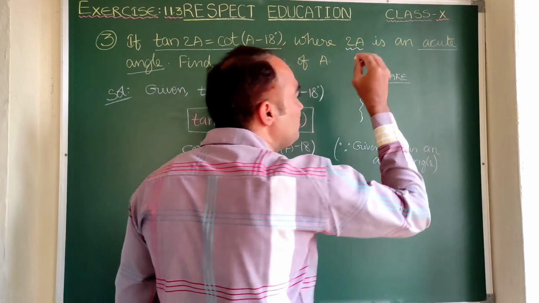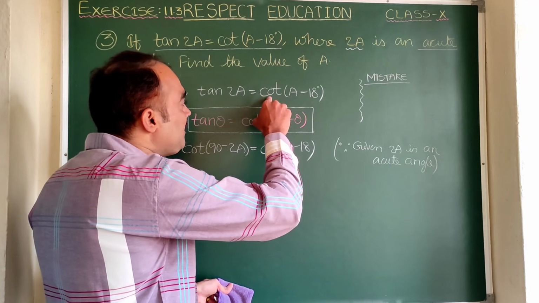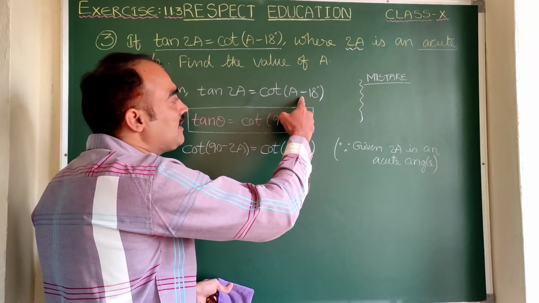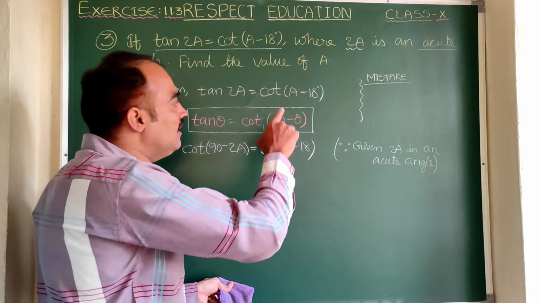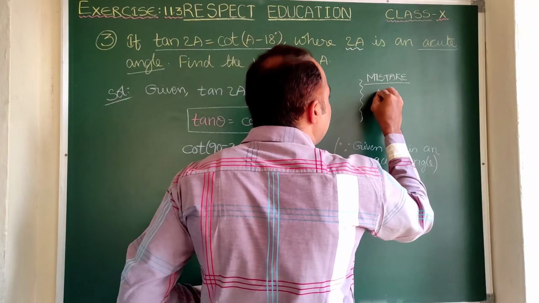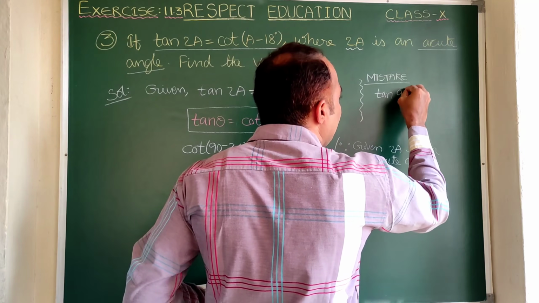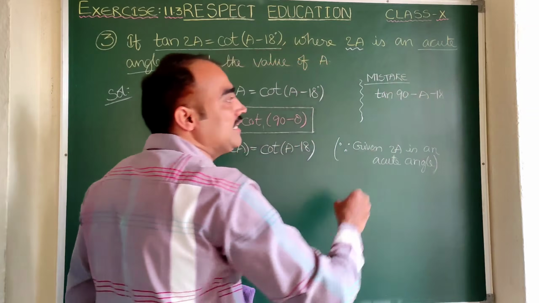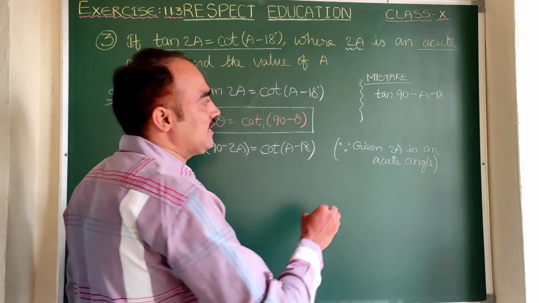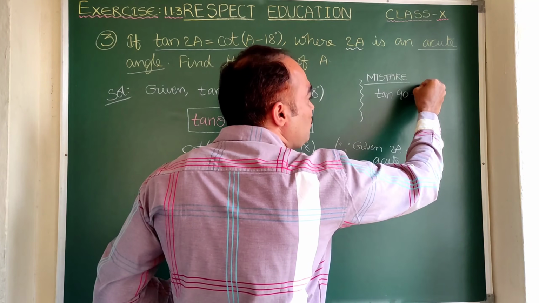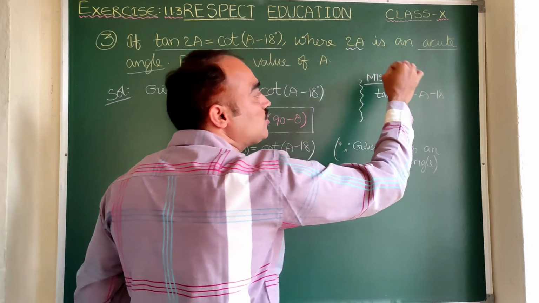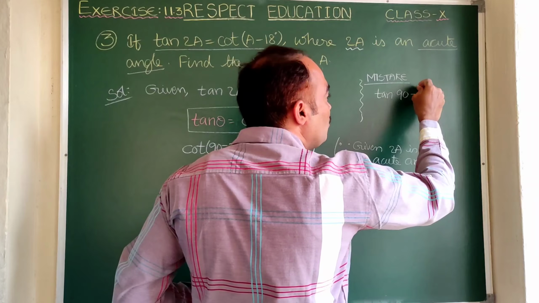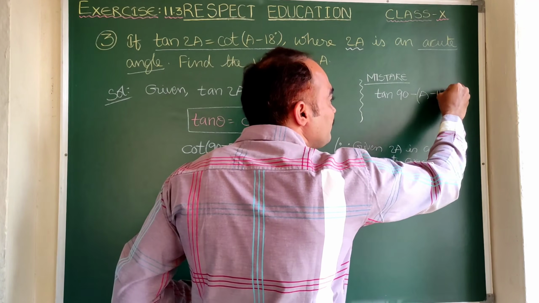Some children may write tan(90 minus a minus 18) and forget to keep the bracket. The bracket is to be kept.